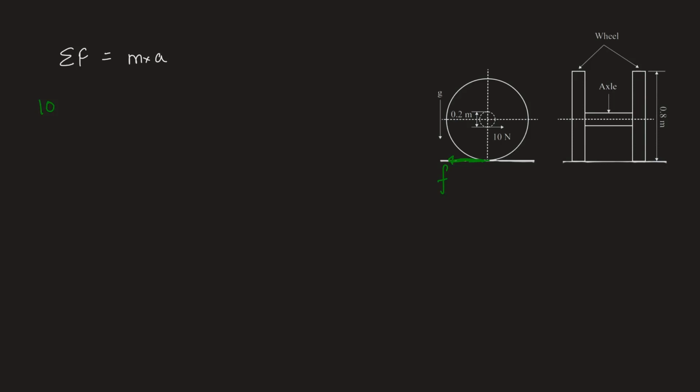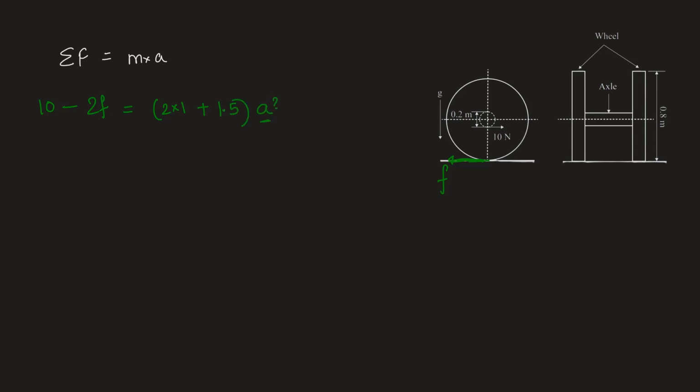And therefore 10 minus, now don't make a mistake of taking only a single friction force value F, because there are two wheels, so 2 points of contact, and therefore we will take minus 2F is equal to total mass of the system, which is mass of the wheels, 1 kg each, so 2 into 1, plus mass of the axle, which is 1.5 kg, into the acceleration A. Acceleration A is the unknown here.